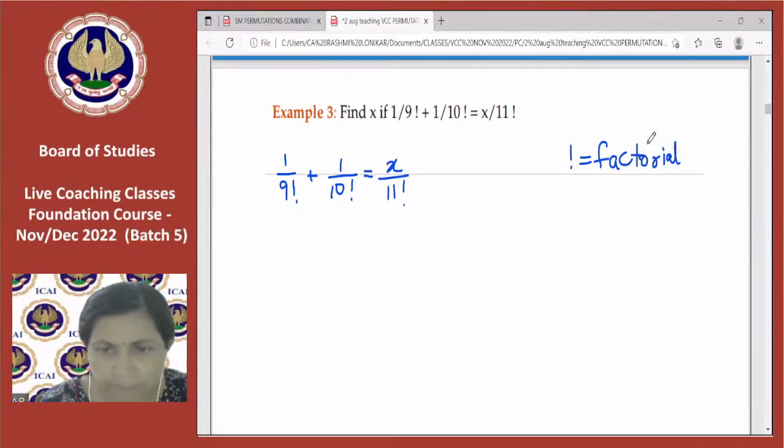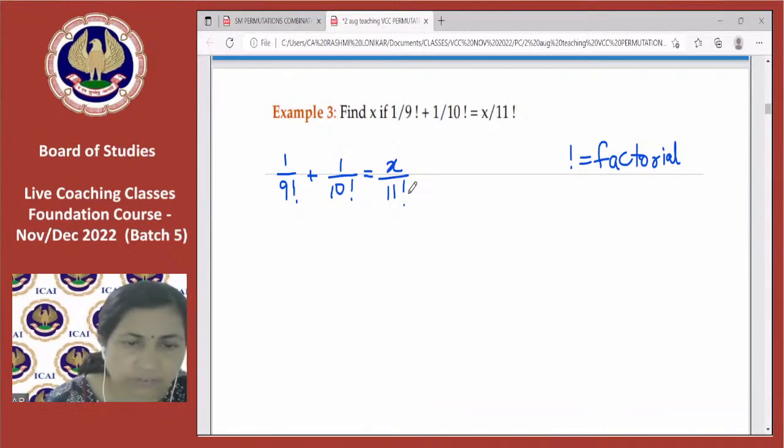Which is the biggest number? 11. Which is the smallest? 9. So I will write 11 factorial in terms of 9 factorial. Then the next number is 10 factorial, which I will also write in terms of 9 factorial.